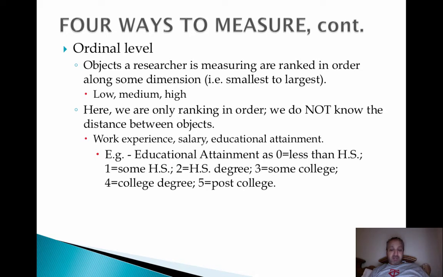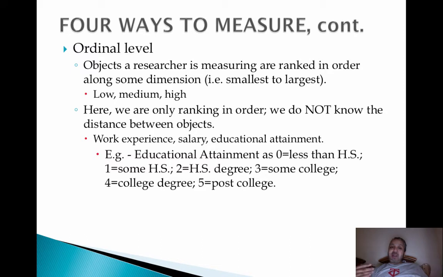educational attainment. You've all seen this question on surveys. What is your level of education? Some high school, some college, degree. Most of you would select 3, some college, right? 4 would be if you have a college degree. 5 is if you like have a graduate degree, right? So the numbers now have some meaning, don't they?